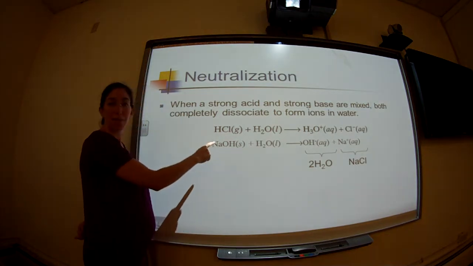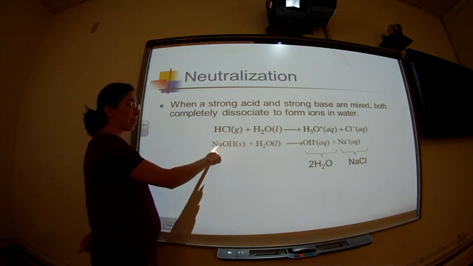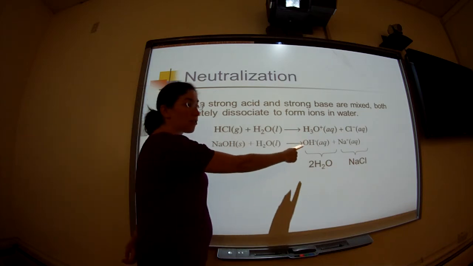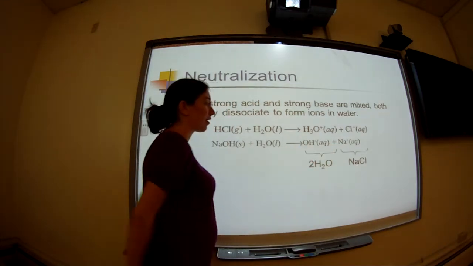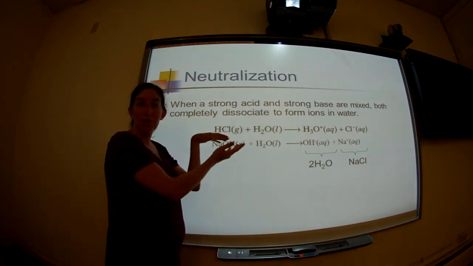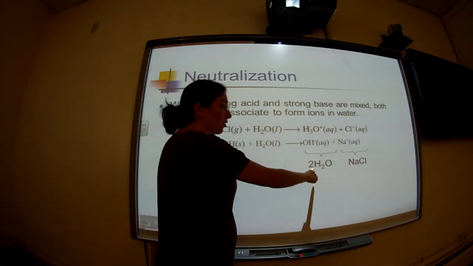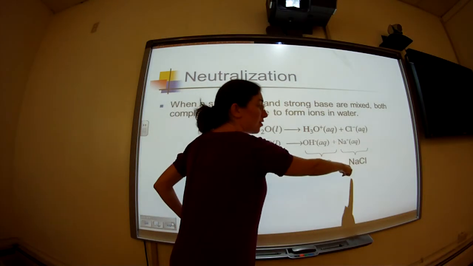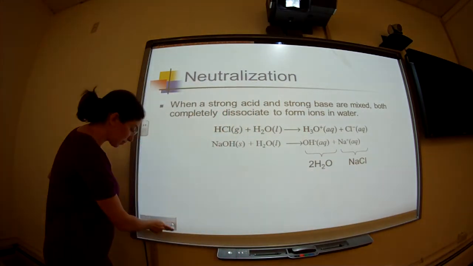Take a base, sodium hydroxide, and mix that in water, and it becomes hydroxide ions and sodium ions. Now if you add these two reactions together, you get two waters and sodium chloride, a salt.